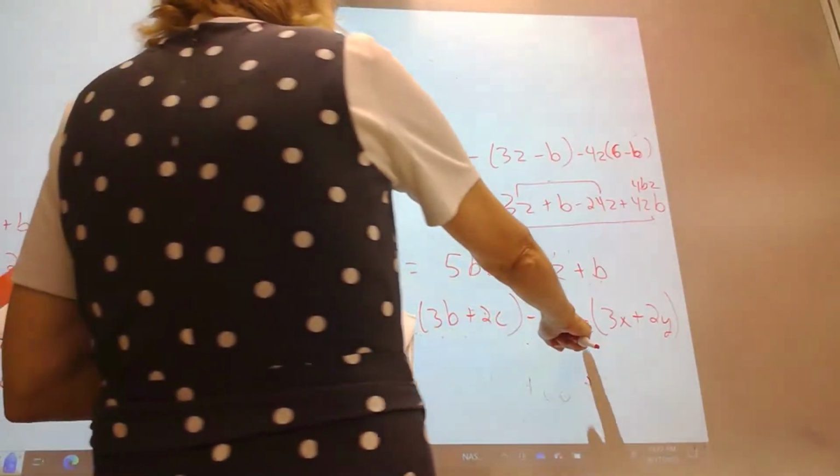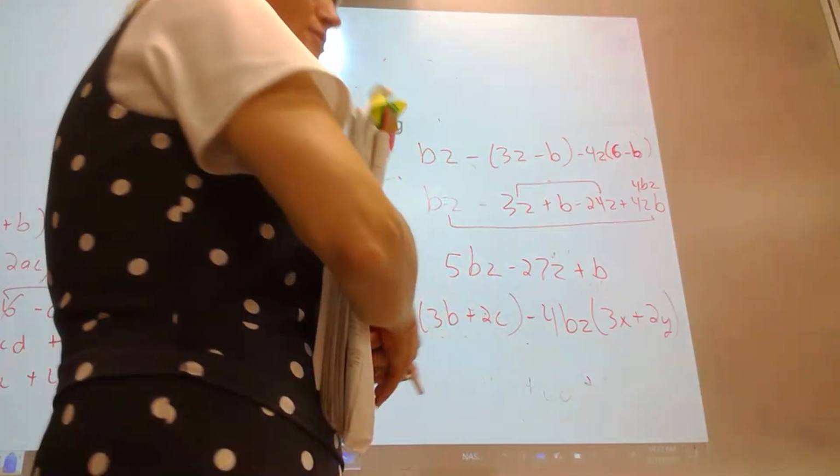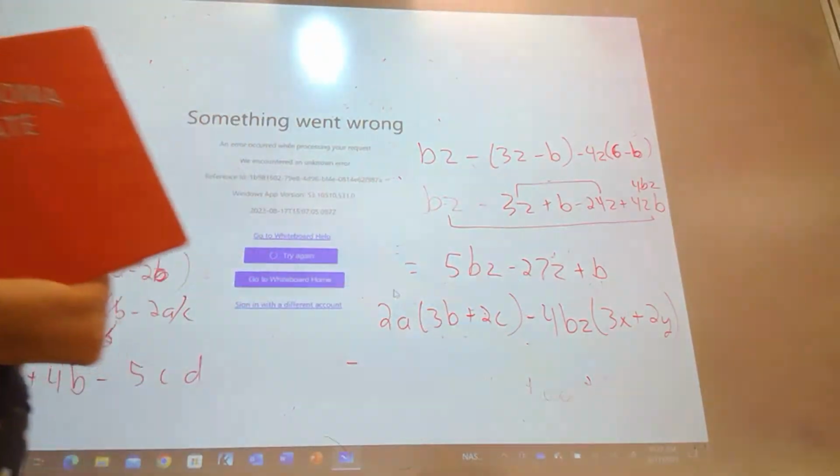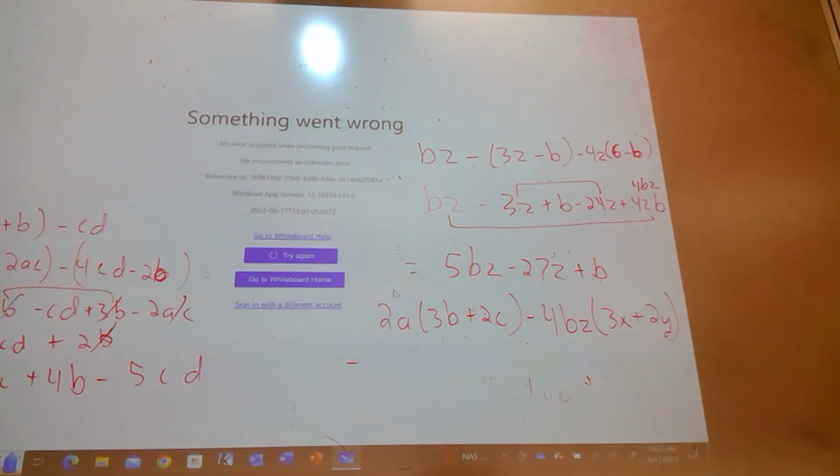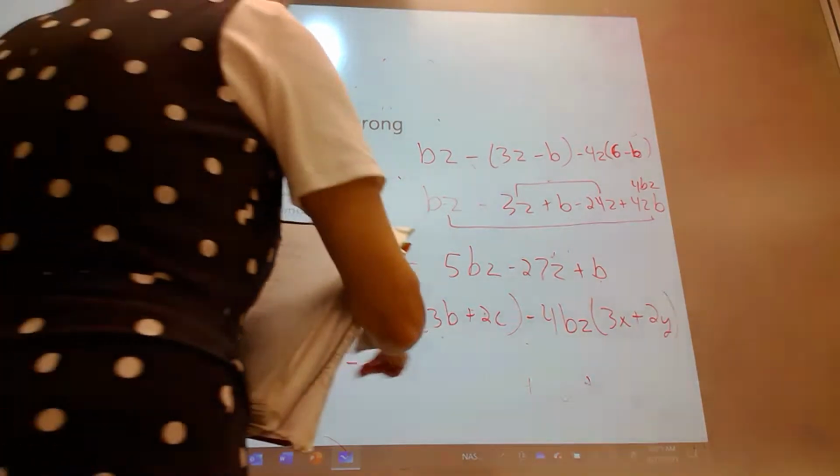Okay, so when you multiply these out, you multiply the variable times the variable and the constant times the constant. So first you multiply 2a times 3b and 2a times 2c.